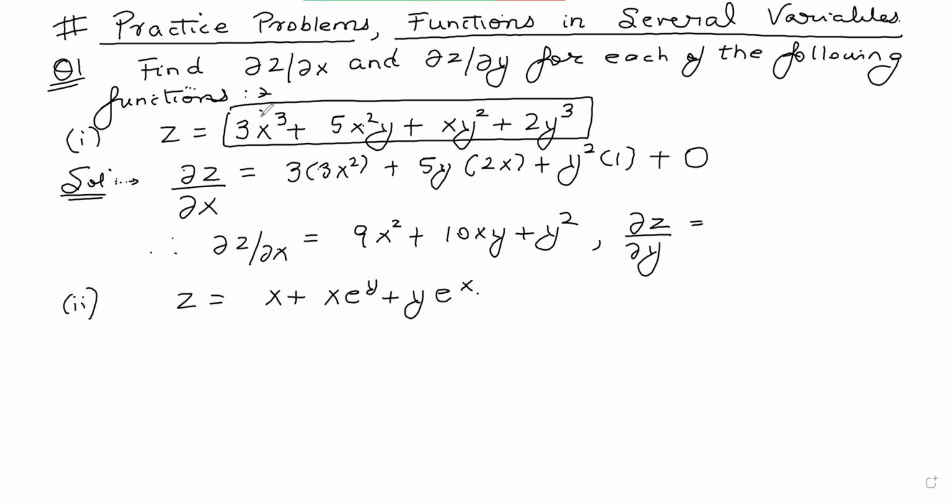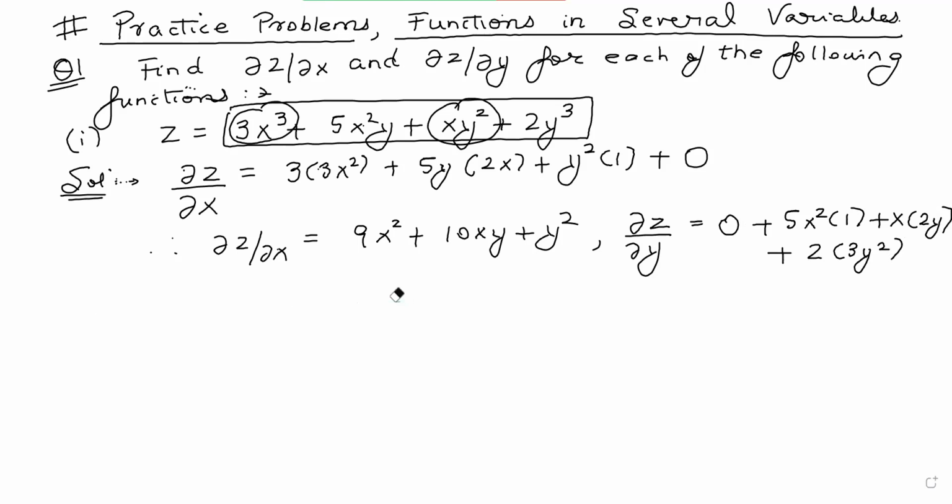The derivative of 3x cubed is 0. For 5x square y, 5x square is a constant and the derivative of y is 1. For xy squared, x is a constant and the derivative of y square is 2y. The derivative of 2y cubed is 2 times 3y square. So del z by del y is 5x square plus 2xy plus 6y square.